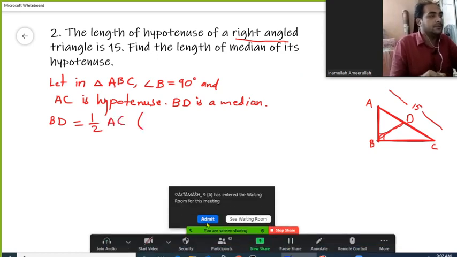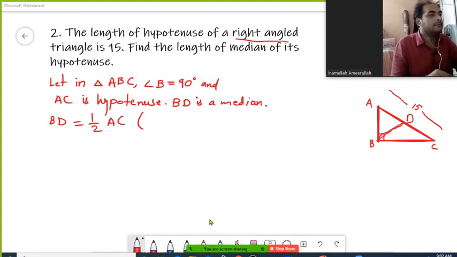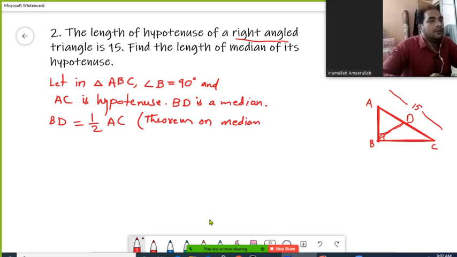Here you can mention the property or theorem on median on hypotenuse. It should be half of the hypotenuse.